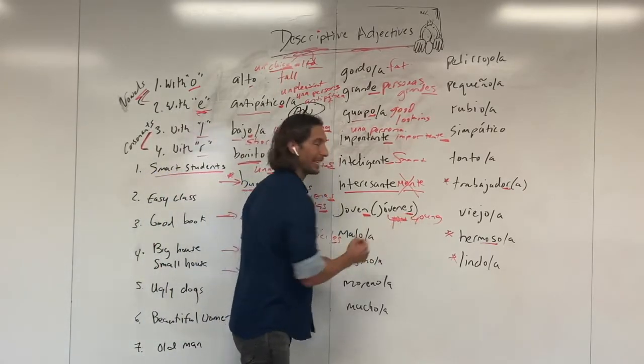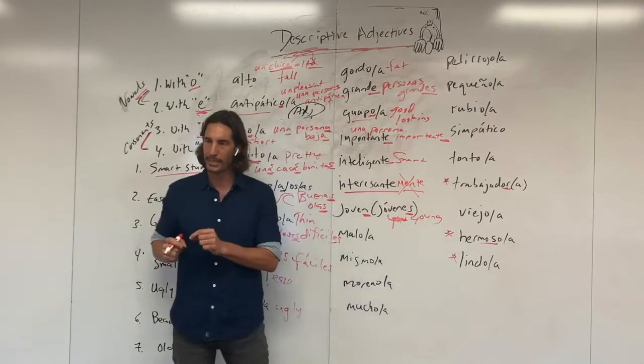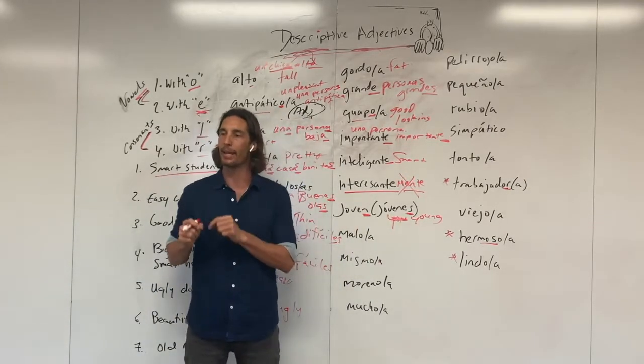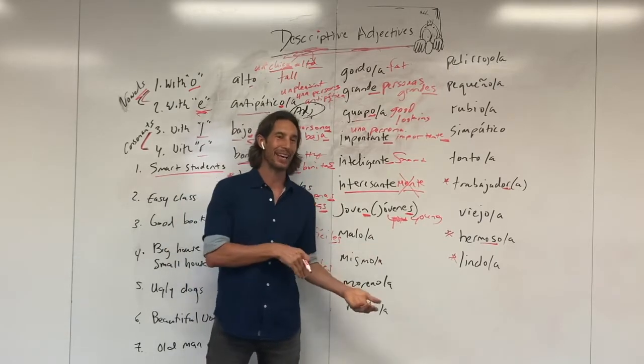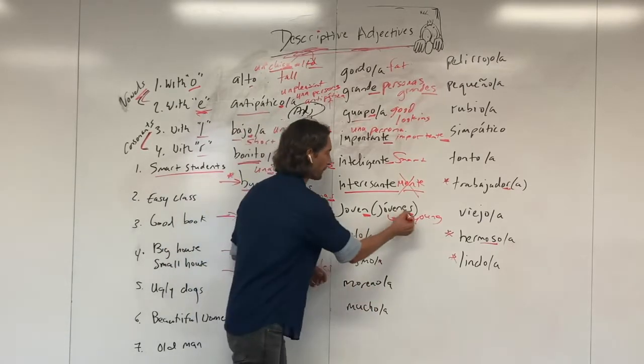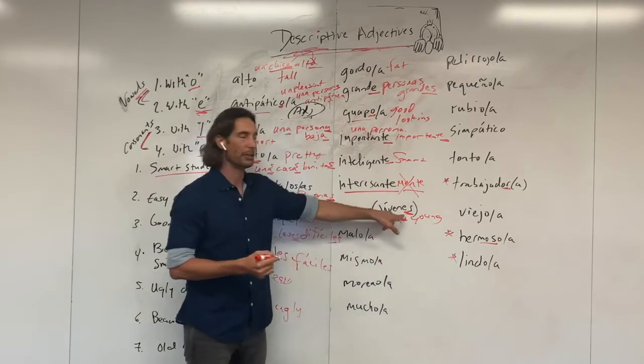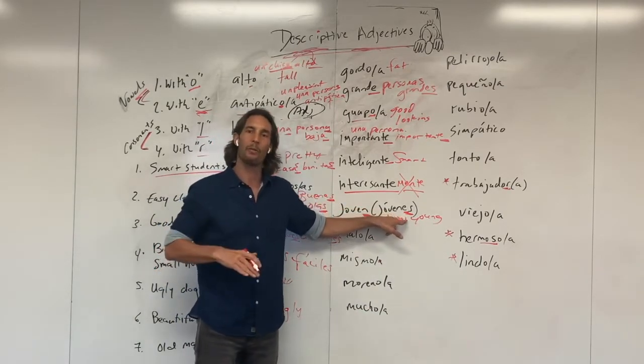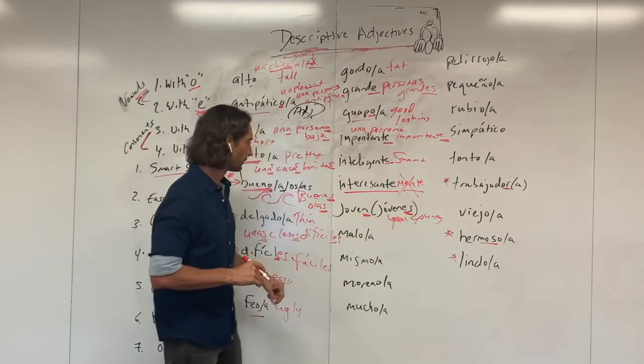You're still going to do the ES. Because remember, with the consonants, in the case of the L's, the N's, things like that, to make it plural, we add ES. And so that's what we do. If it's niñas, we don't say jóvenes. We don't do that. We say jóvenes because that's how we make these plural.